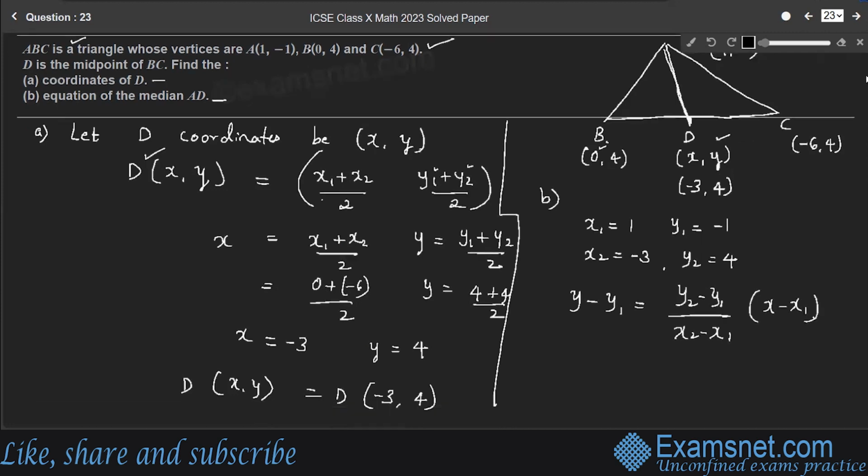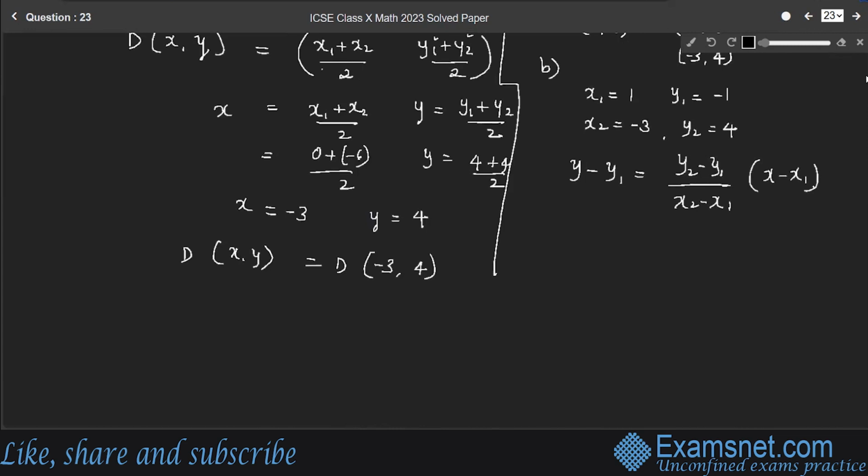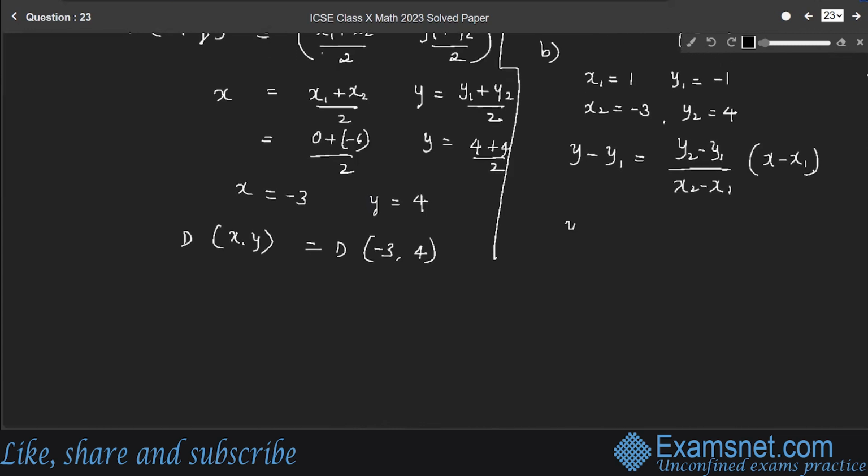So y is unknown here. y minus y1, where y1 is the y coordinate of A, which is -1, is equal to y2, which is 4, minus of -1, which is +1, over x2, which is -3, minus 1, into x minus x1, which is 1.